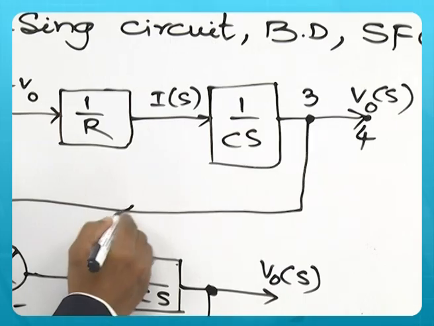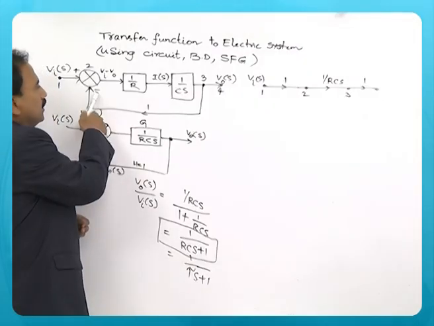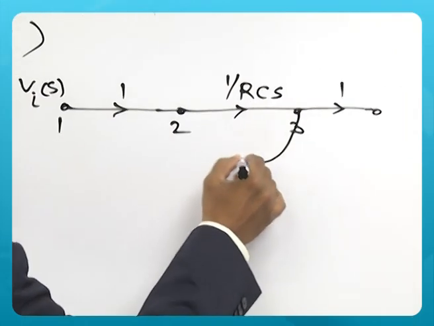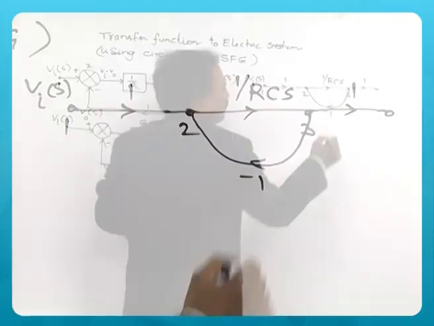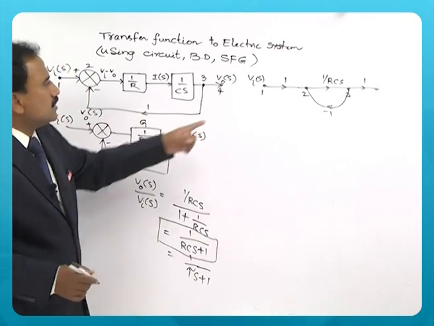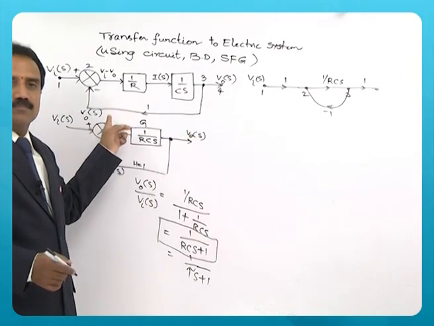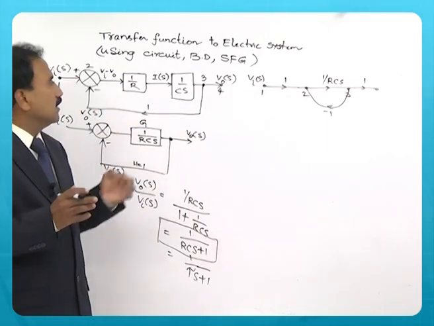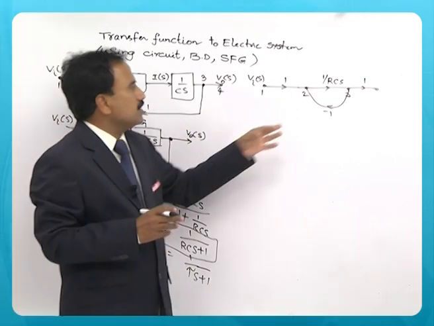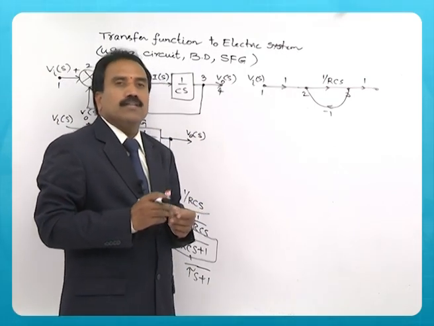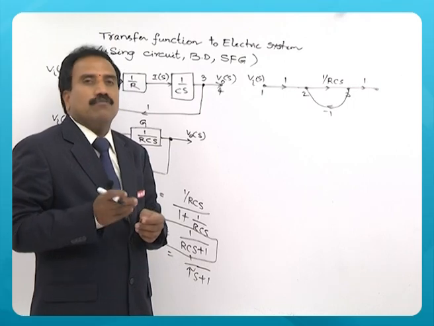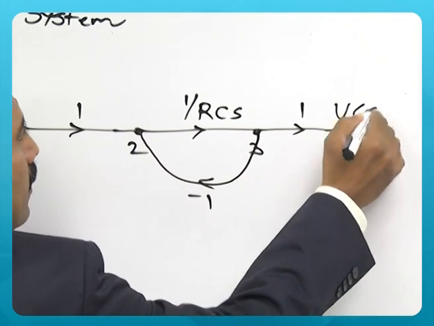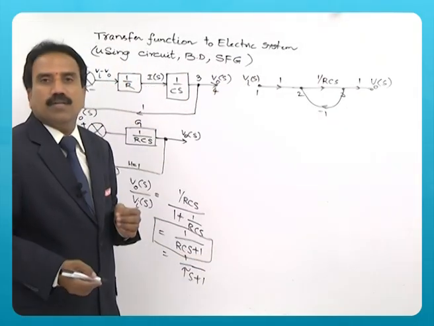So the gain here is 1, no block, with negative sign. So 3 and 2 are connected with -1 gain. So this is the signal flow graph for this block diagram. Obviously signal flow graph looks simple when compared to the block diagram. So you need to apply Mason's gain formula to find out the transfer function or overall gain between V0 of S by Vi of S.